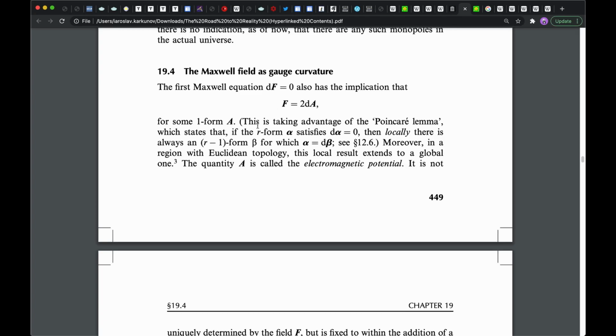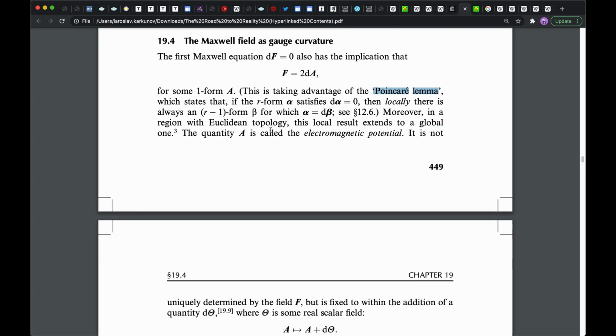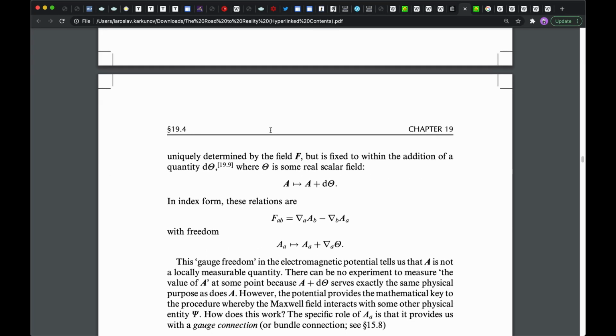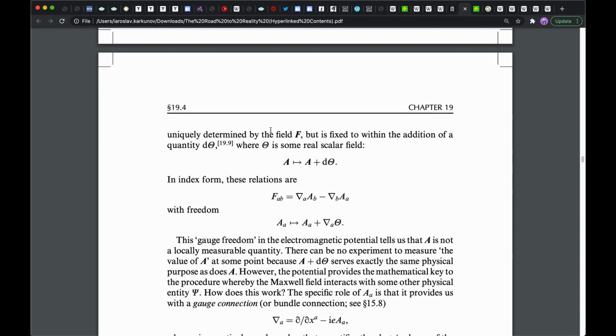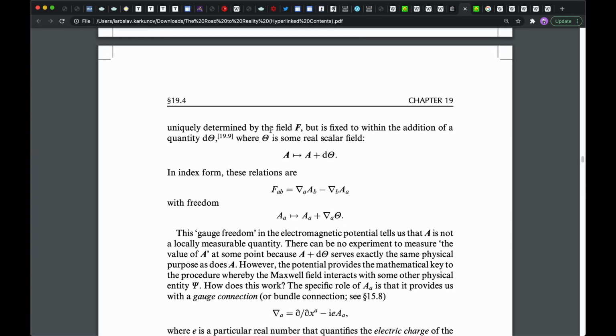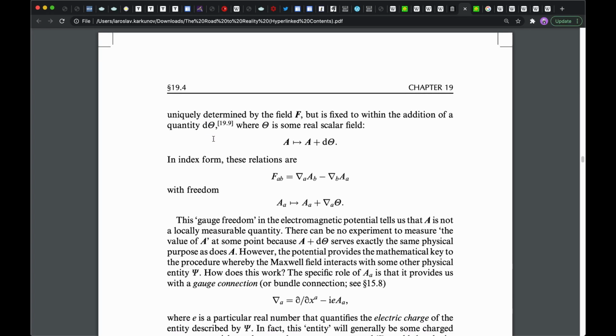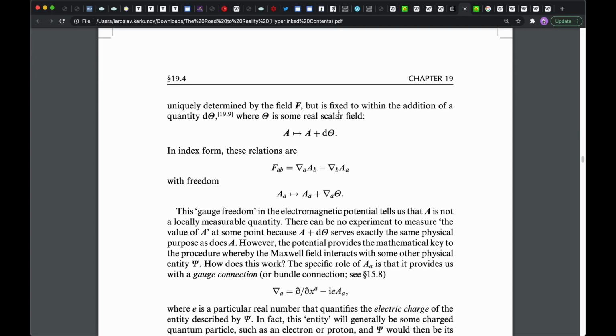This is the result of the Poincare lemma applied here, and that quantity is called the electromagnetic potential, and it is not uniquely determined by the field F, but is fixed to within the addition of some exterior derivative, or a full gradient, of some quantity theta, where theta is some real scalar field.